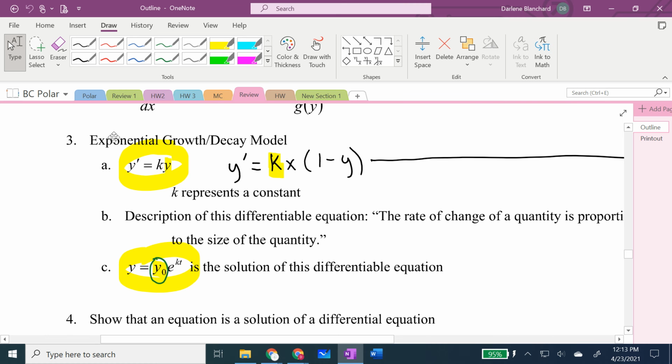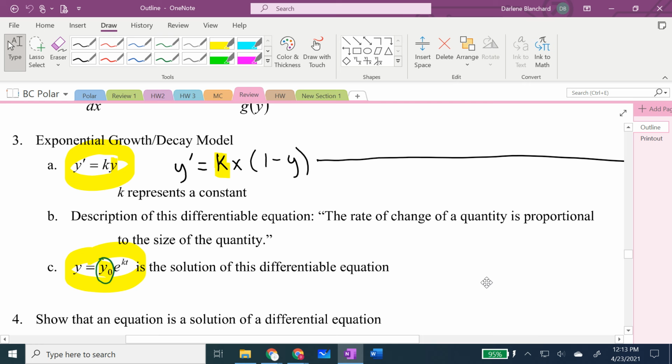So the exponential growth and decay model, if it is specifically the model that shows up in the AB class, in other words, the rate of change of your population is proportional to the size of the population. If that is your exact thing, realize you're expected to understand how that integration works.